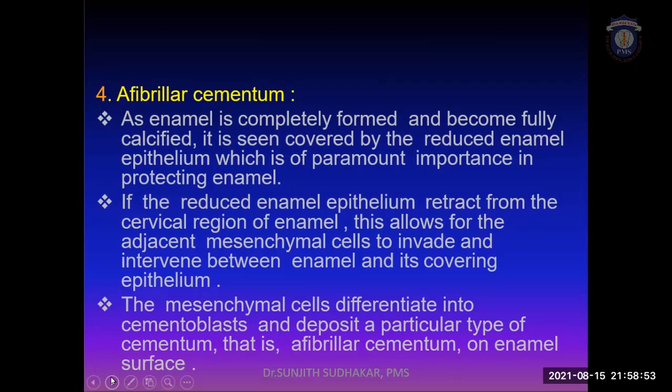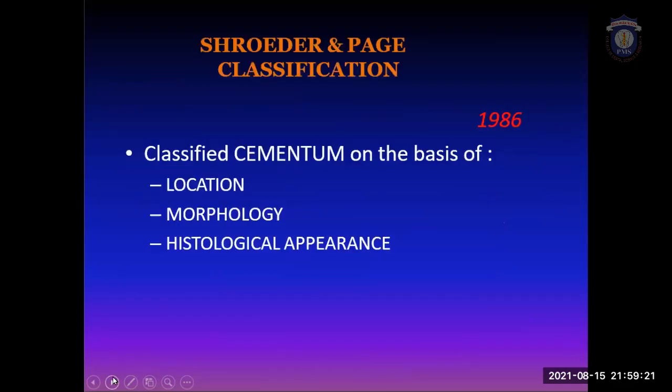Just like the formation of the root, the mesenchymal cells near the crown portion can also get a stimulus and differentiate into cementoblasts and deposit a specific type of cementum on the enamel surface. This kind of cementum, which is non-functional and without any fibers, deposited due to the interaction of the newly formed enamel with the connective tissue component, is known as afibrillar cementum.